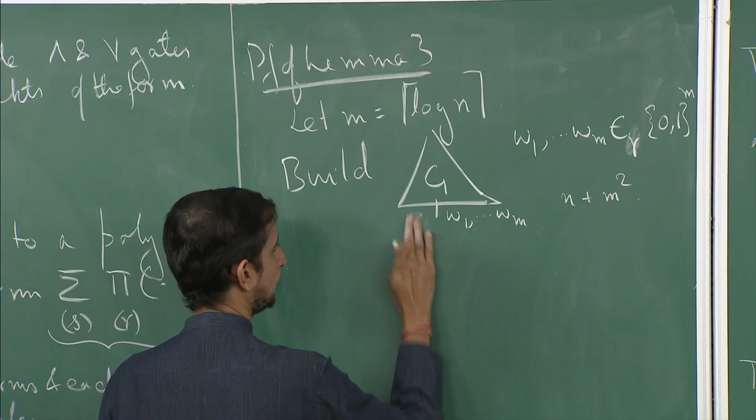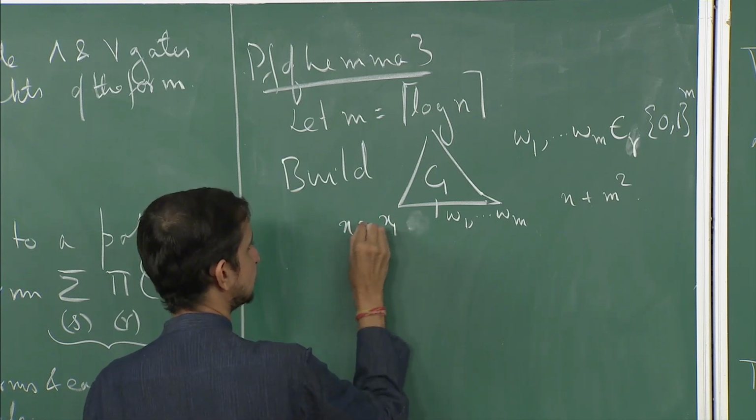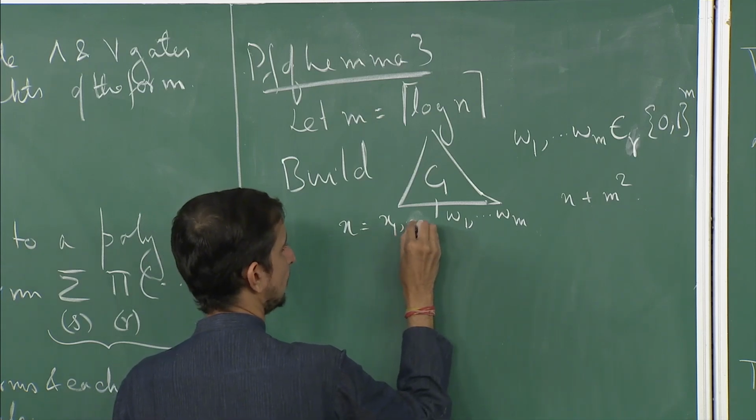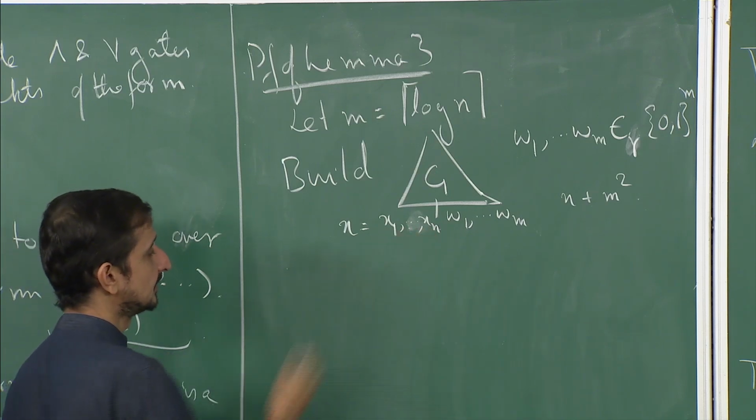So in fact, let me write x equal to x1 up to xn. These are the bits.